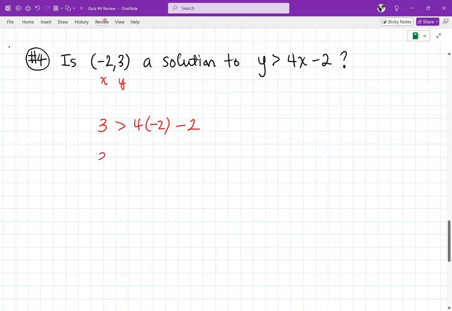I'm going to go ahead and start working it out. 3 is greater than negative 8 minus 2. 3 is greater than negative 10. True or false? Check again. Is 3 bigger than negative 10? Yeah, it is true. So I'm just going to put this is a solution.